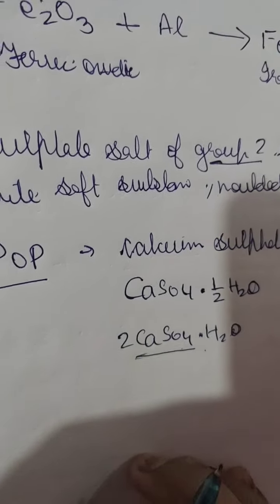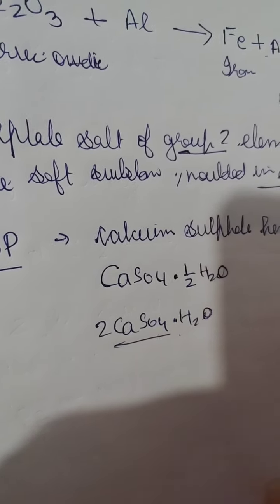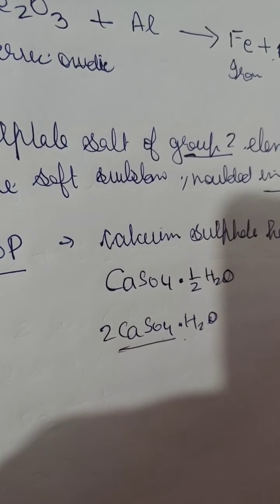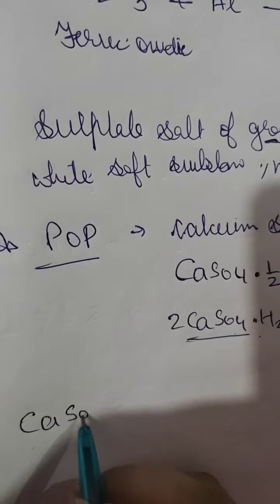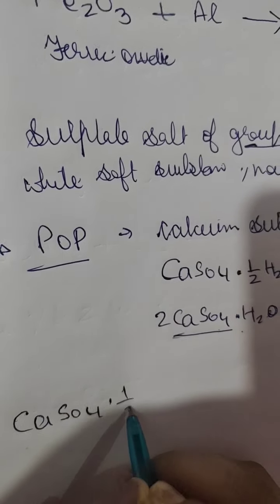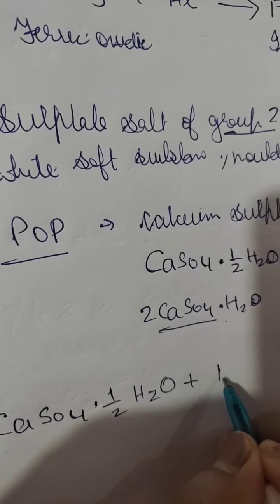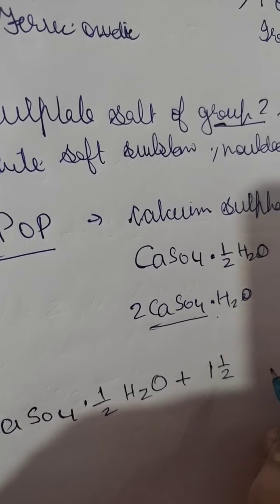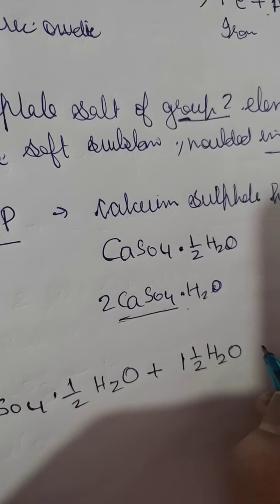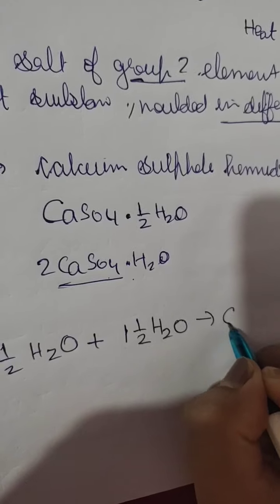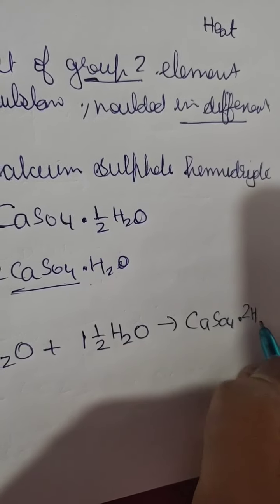So now whenever we just leave it in the atmosphere like that, it absorbs the moisture. So when it absorbs the moisture, what happens? CaSO4 dot half H2O, because it's a hemihydrate, will react with 1.5 molecules of water to make gypsum, CaSO4 dot 2H2O.